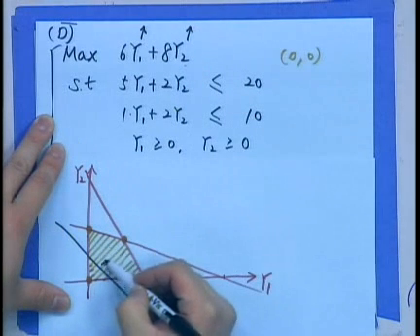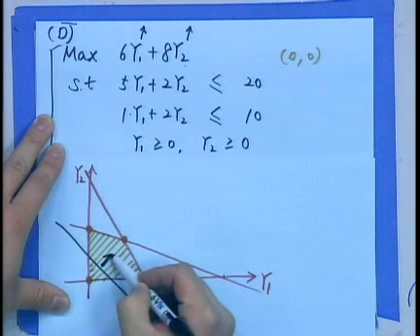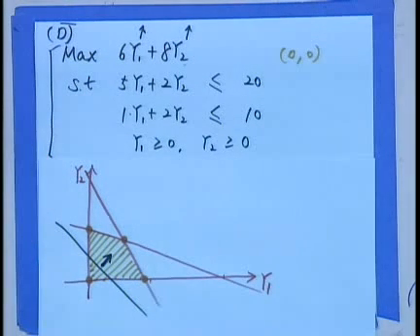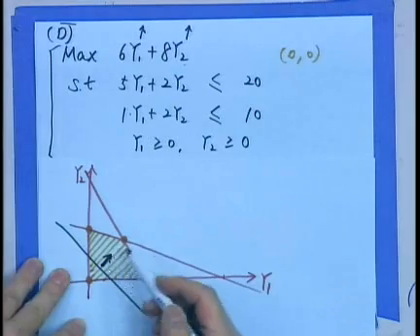Which means we need to move the isovalue line in this direction, the northeast direction, right?